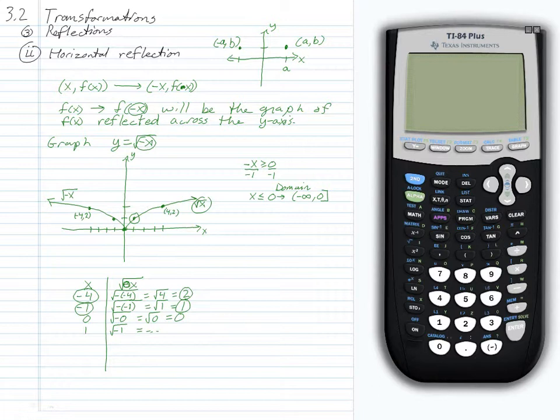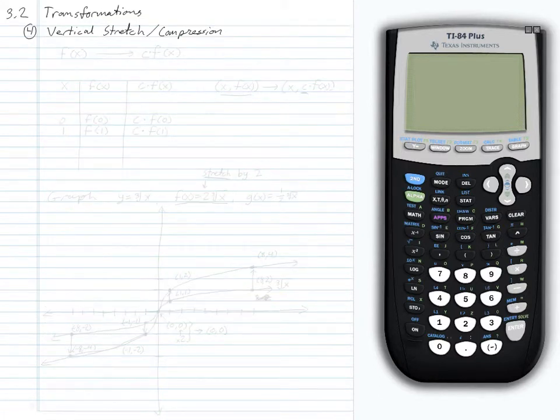So very similar to the horizontal shifting, that negative now requires us to modify the x value in order to achieve the same y value. In particular, in this case, by making the x value negative, or opposite of what it would normally be.